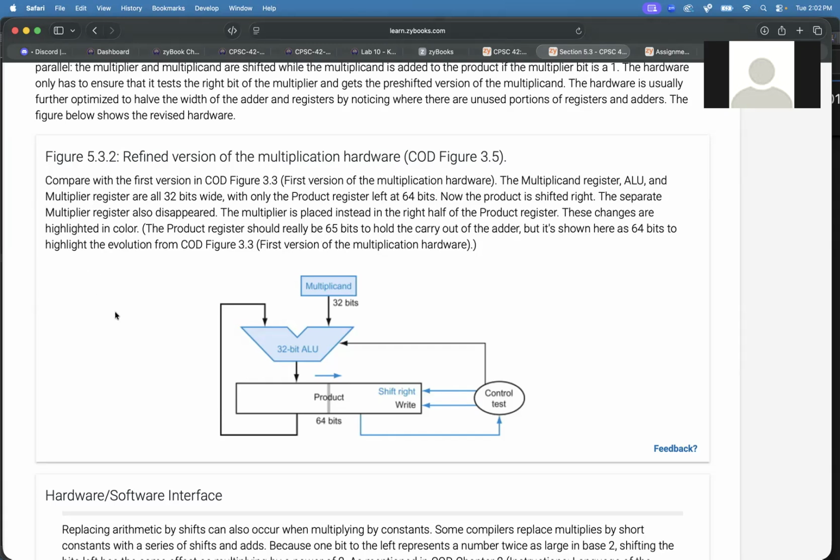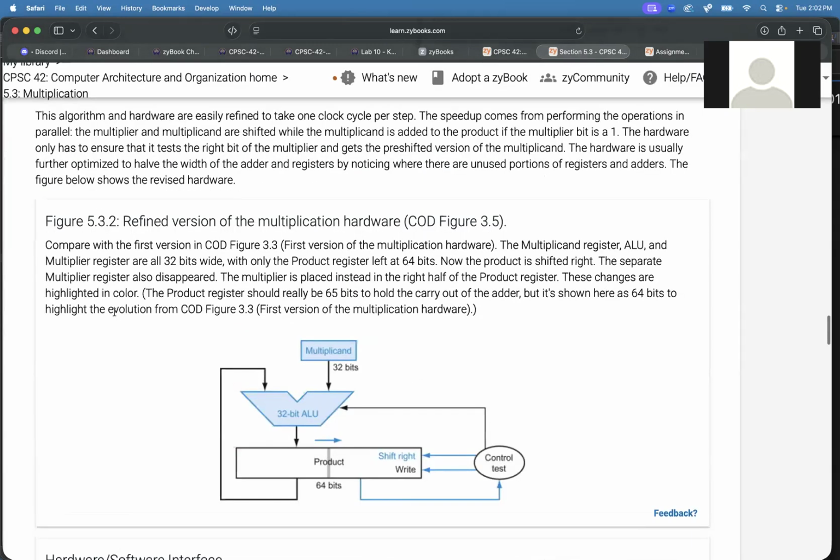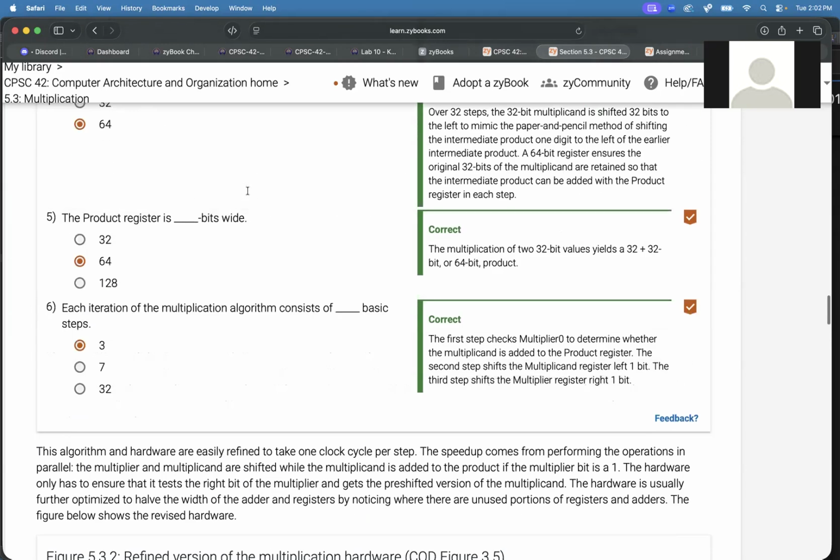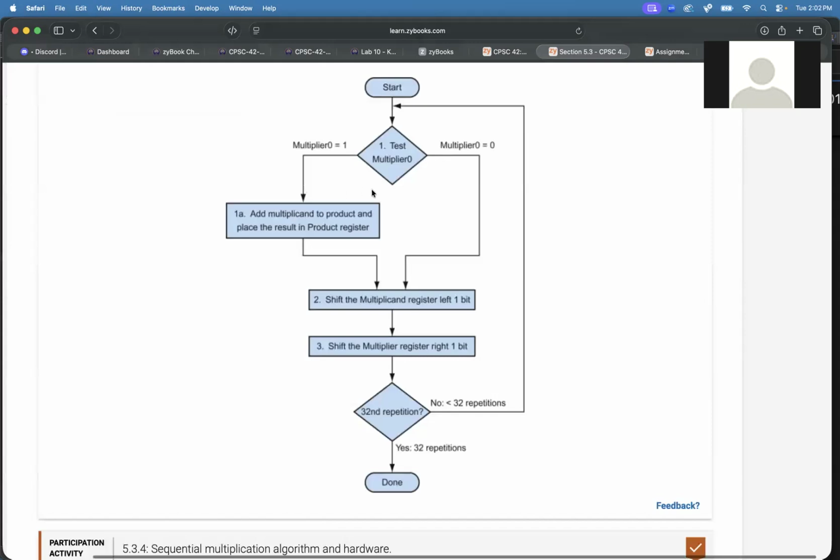It's just a modified version of the hardware. So we want to take one clock cycle per step. The idea is that while we're doing step two, we could be doing the next step one, right? So you could have something doing step one, something doing step two, and something doing step three all at the same time.